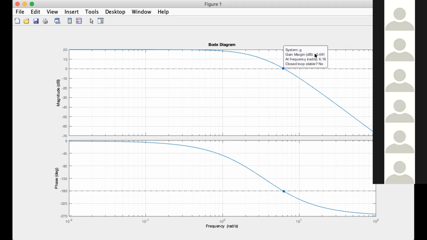So where does this 0.491 come from? It comes from here, just above the zero. 0.491 decibel positive. So the gain margin now is 0 minus 0.491.